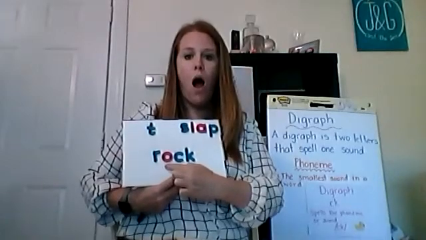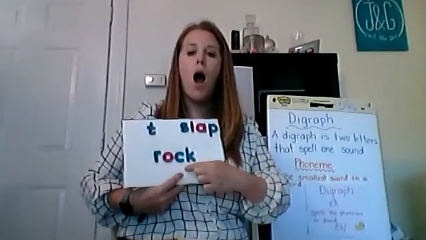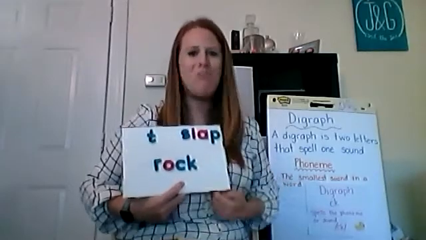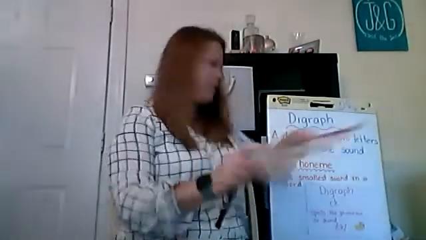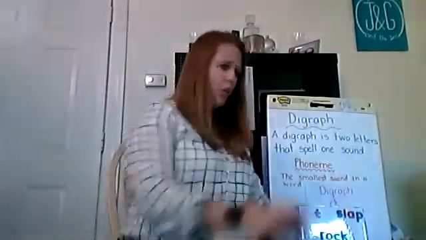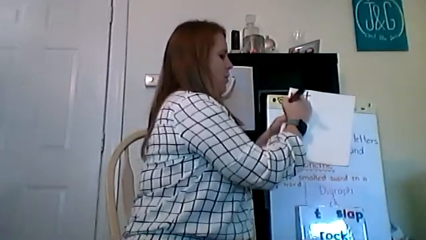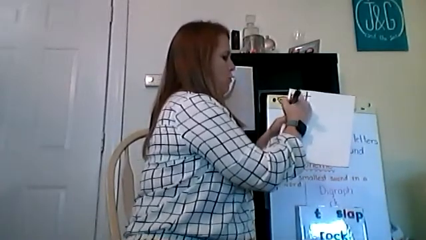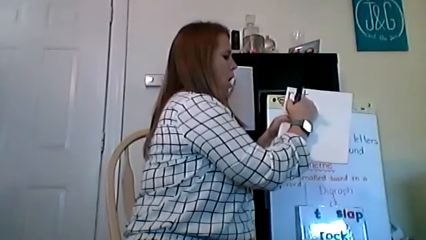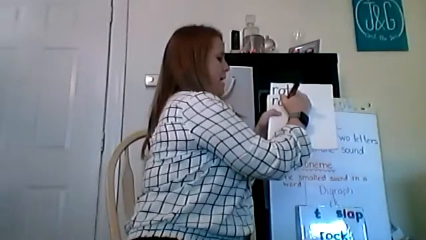R, o, rock. That's right, it's the word rock. Okay, so let's go ahead and write our word, rock. I'm going to sound it out as I write it. R, o, it's going to have that CK.